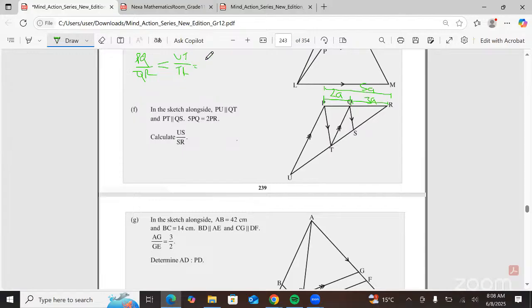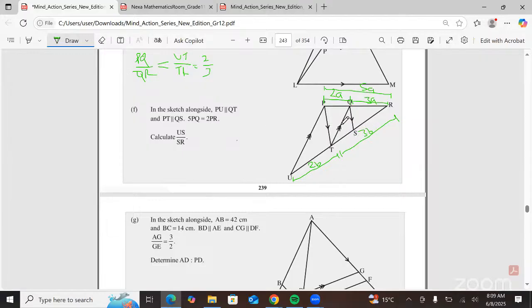They are all equal, PQ and UT are 2, and QR and TR are 3. Therefore UT, which is this one here, gives me 2, and I give it a variable B. And then my TR is 3, with the variable B as well.